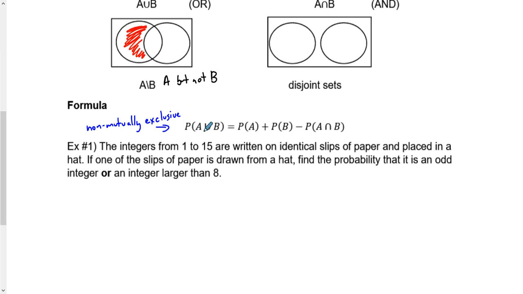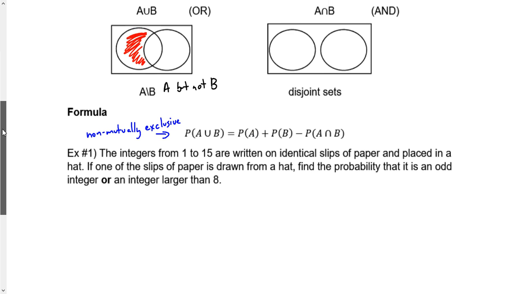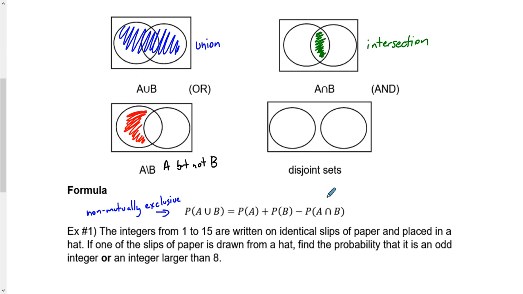Probability of A union B takes the probability of A happening, adding the probability of B happening, and subtracting the intersection. Because if you talk about A and B, you have to subtract one of these intersections, otherwise it would just be counted twice.